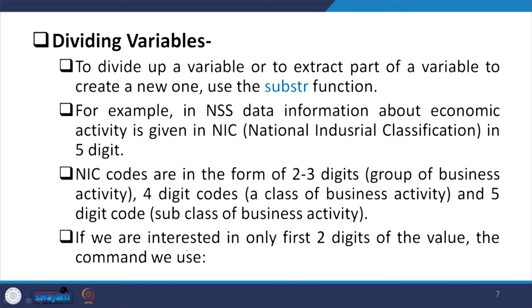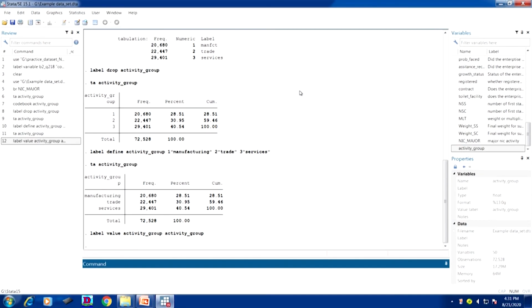Now, this is also important: dividing a variable is also quite important in Stata, and that too in our databases which are available. To divide a variable or to extract part of a variable to create a new one, use the substring function. Let me tell you very clearly, I have already guided you that our data comes with the NIC classification.